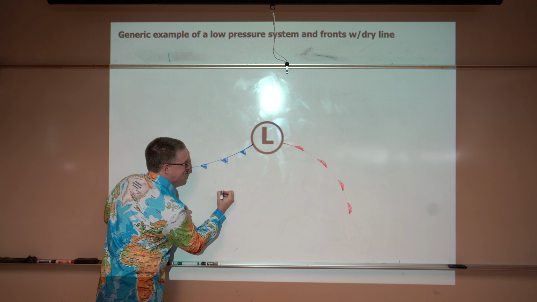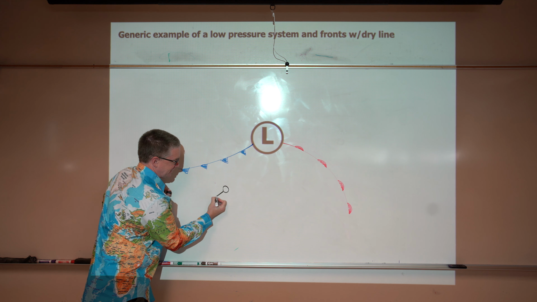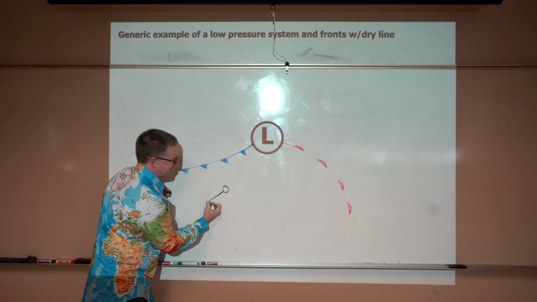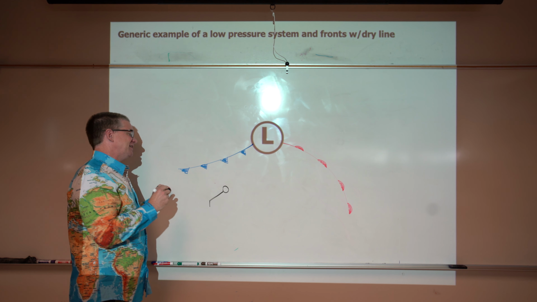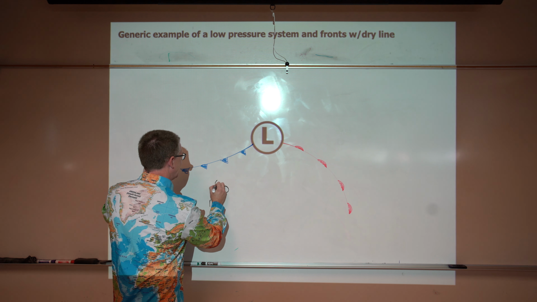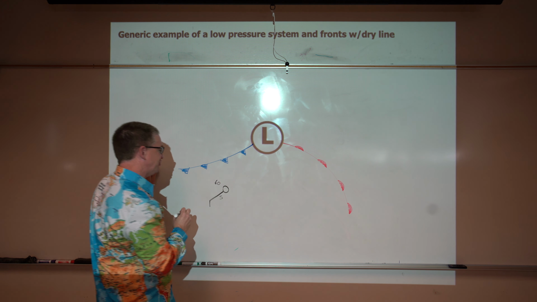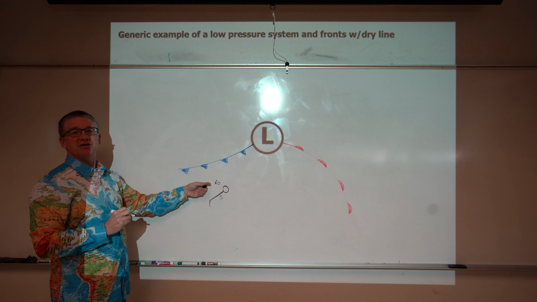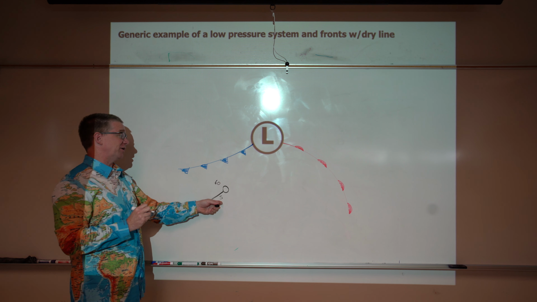Let's say you have your weather symbol here, got a wind direction indicator. What you really want to start looking for dry lines is the difference between your temperature and your dew point. So I've got 60 degrees Fahrenheit for temperature, 5 degrees for dew point.